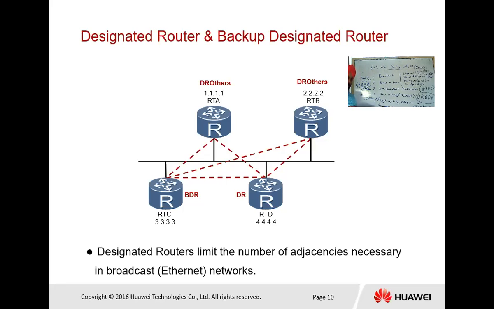So adjacencies in this case, suppose 10 routers: 10 minus 2, that means minus the DR and BDR, so the value is 8. It means 8 are connected with the DR and BDR.